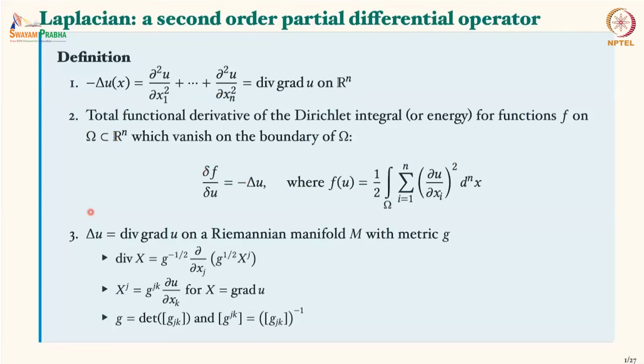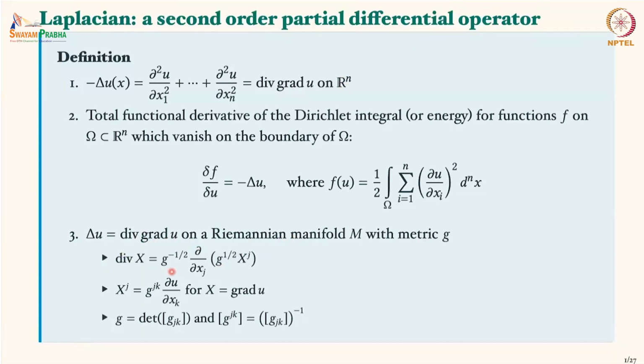And then comes the important definition, the one that this talk has in its title. This is the Laplacian on a Riemannian manifold which has a metric g. So on a Riemannian manifold, this divergence of gradient, which is true on Rn, is also true. These operators do take a slightly different definition on a Riemannian manifold.